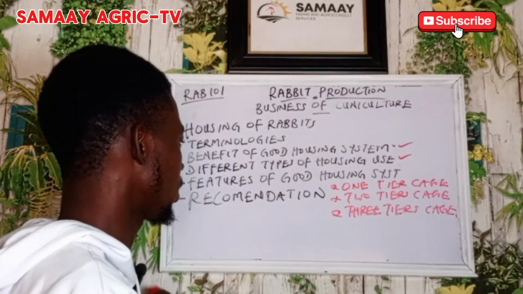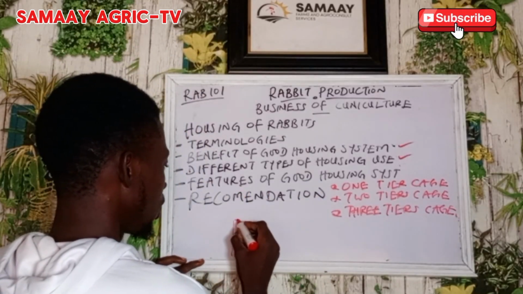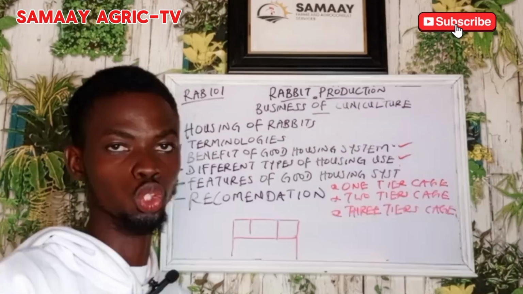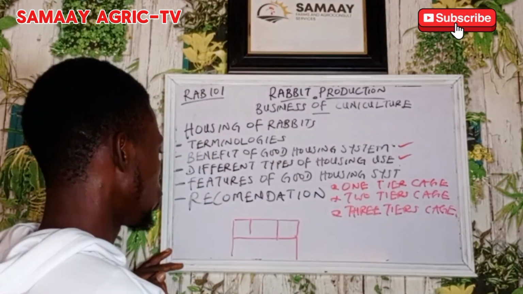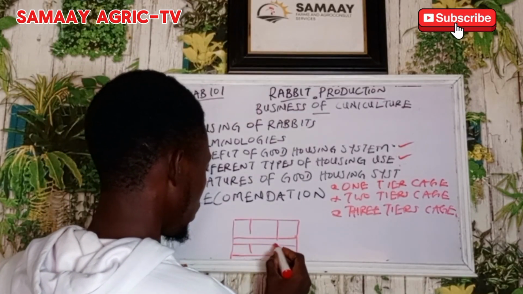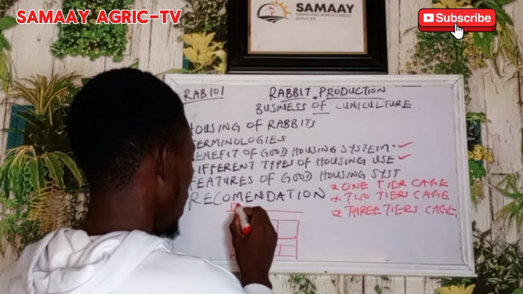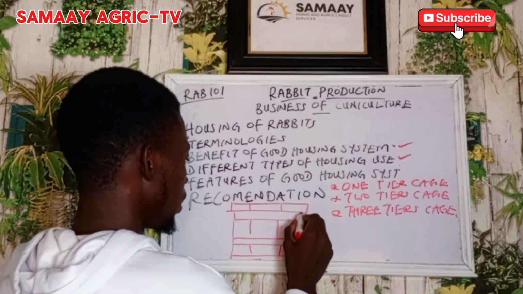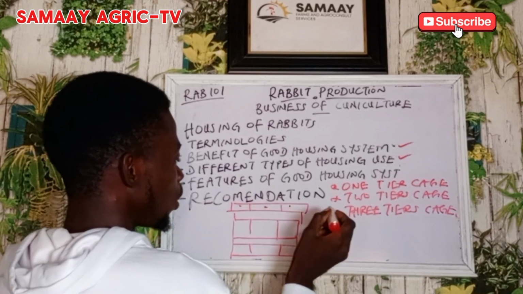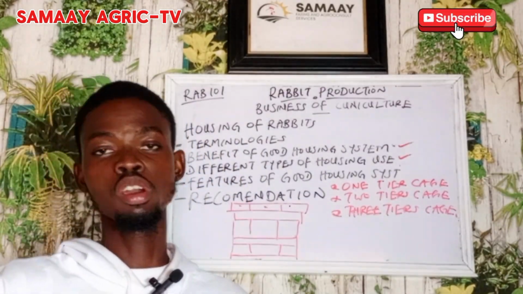The one tier cage, just as the word says, is just your cage. This is just a one tier cage having just one step. But when you want to go for two, you can have another one here. And if you are going for three, you add another one, making it a three tier cage. So you can decide to have 1, 2, 3 or 1, 2, 3, 4, depending on the capacity of your farm.